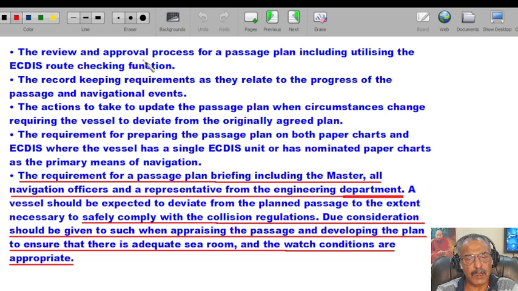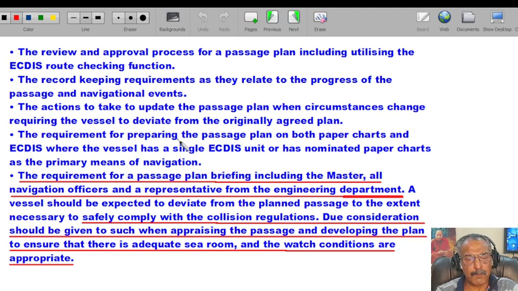The review and approval process for the passage plan, including utilizing the ECDIS route checking function, the record keeping requirements as they relate to the progress of the passage plan and navigational events. The actions to take to update the passage plan when circumstances change, requiring the vessel to deviate from the originally agreed passage plan. This is what I said a few minutes earlier.